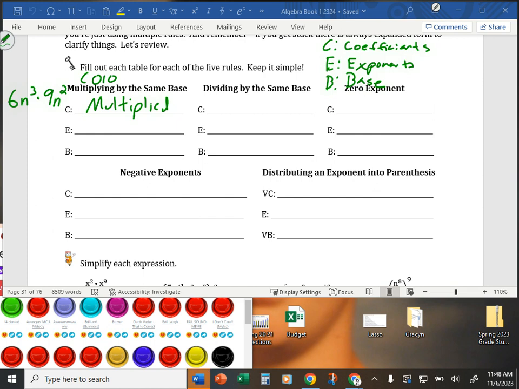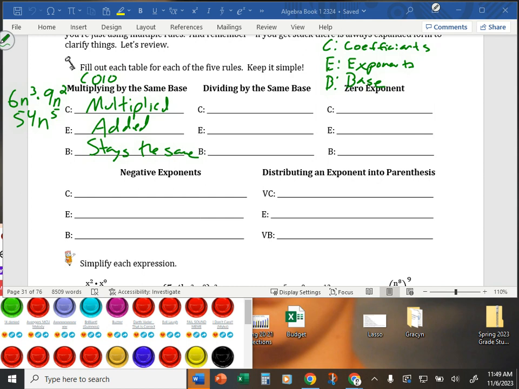Yes? They get added. That is correct. And the base, as we've seen in many of them, stays the same. So this answer, 6 times 9, those coefficients get multiplied. N cubed times n squared is n to the 5th. Coefficients multiplied, powers added.